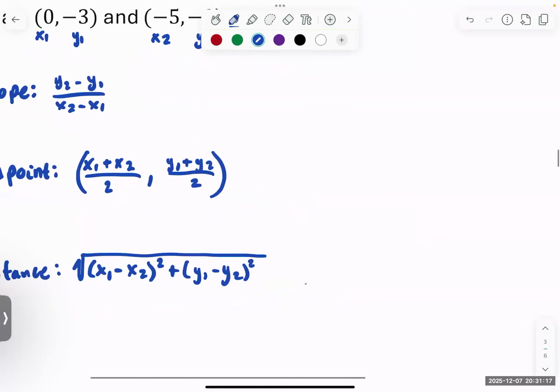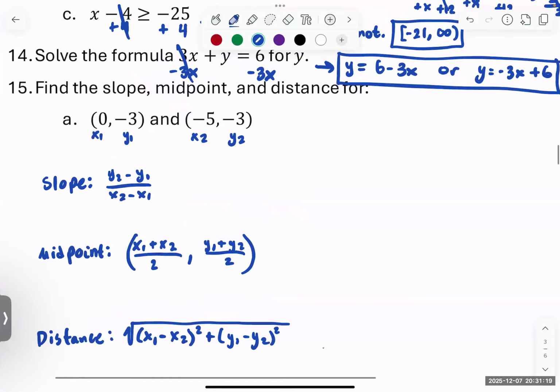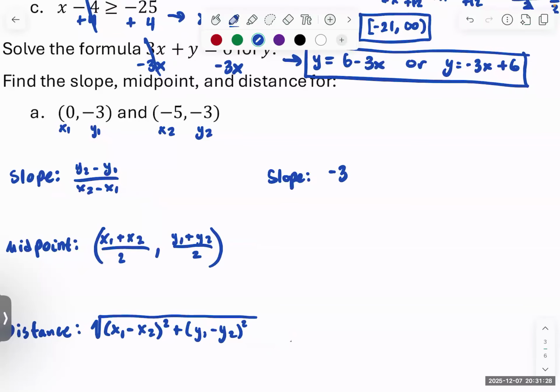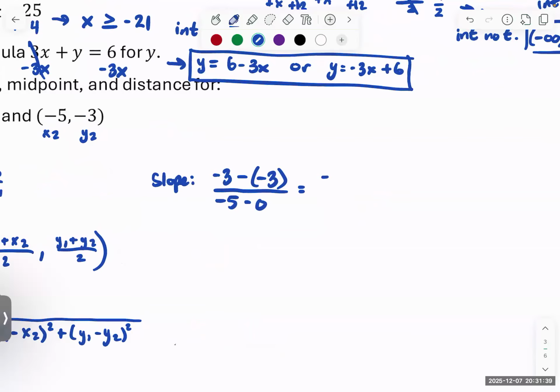Okay, so from here, slope is negative 3 minus negative 3 over negative 5 minus 0, which is equal to negative 3 plus 3 over negative 5, which is 0 over negative 5, which is just 0.